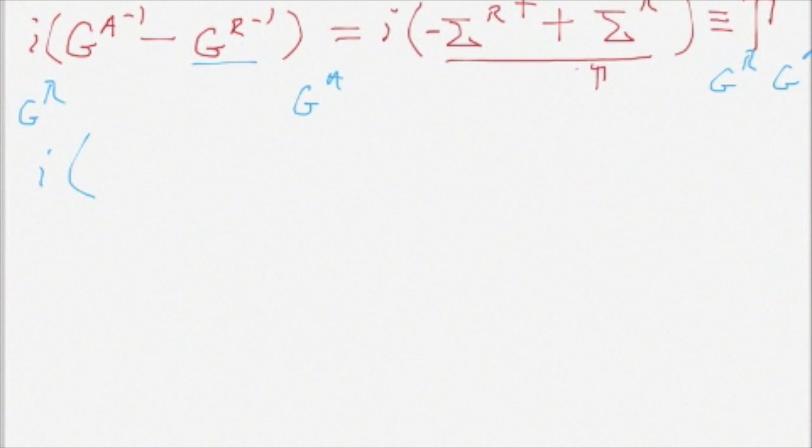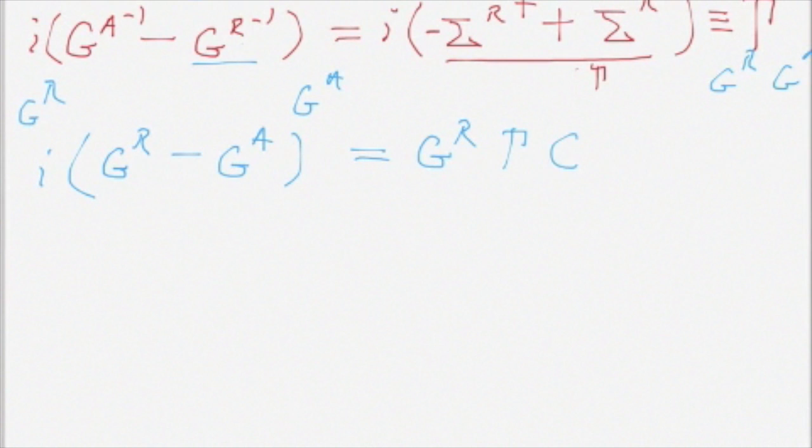So this ends up as G^R minus G^A, just multiplying through, and that is equal to G^R gamma G^A.